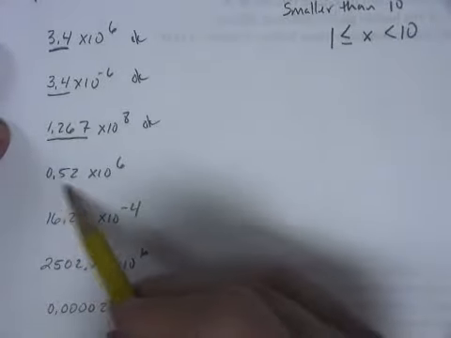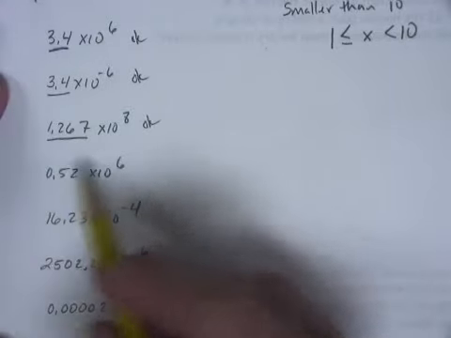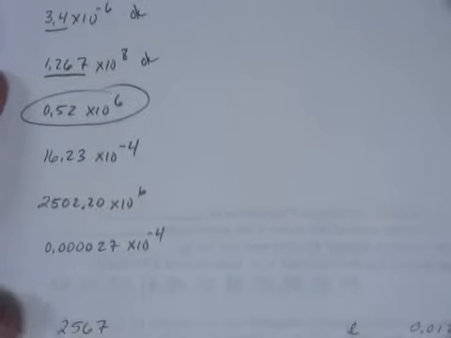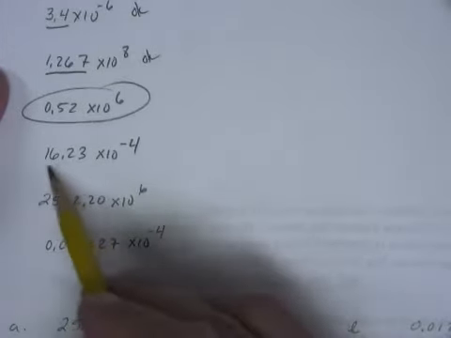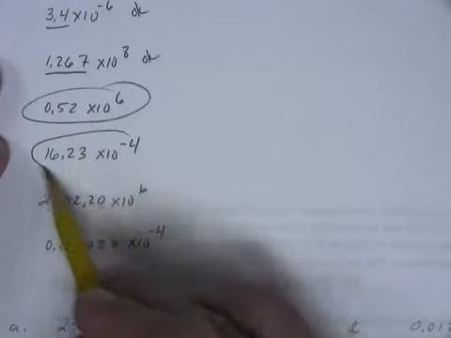Here's the next one, 0.5. That number is less than 1. It doesn't mean that it's not in scientific notation. It's just not in proper scientific notation. The next one, 16. 16 is bigger than 10, so it's not in proper scientific notation.